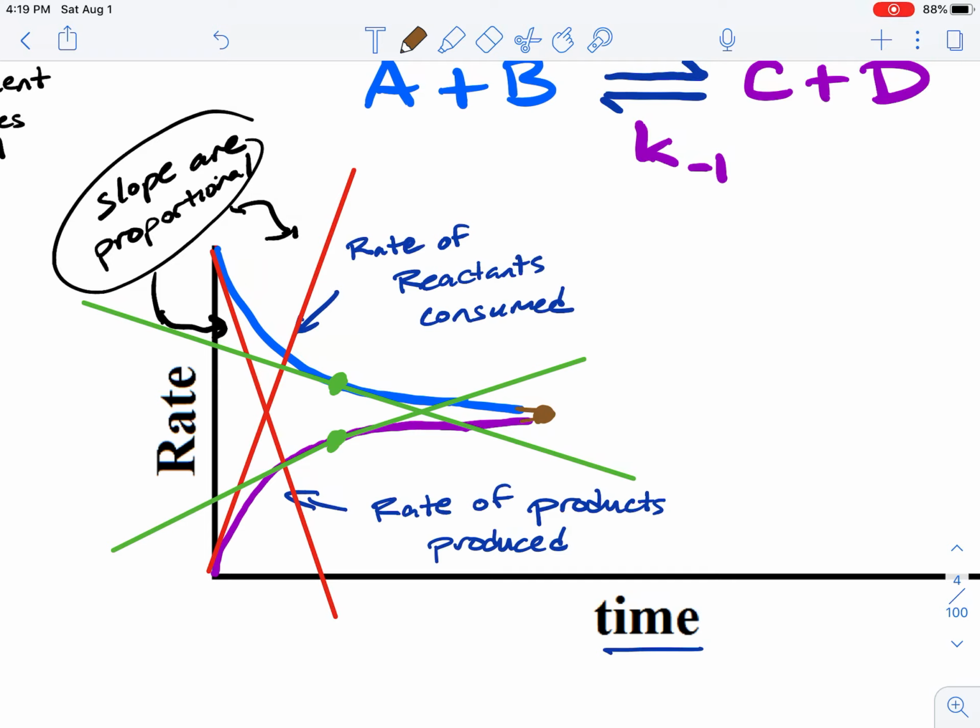brown dot. And so when we get to this brown dot, if we take the slope of both reactants and products, the rate of the reactants being consumed and the rate of the products being produced, these two lines will start converging. And so it is specifically at this point where the system has reached an equilibrium.